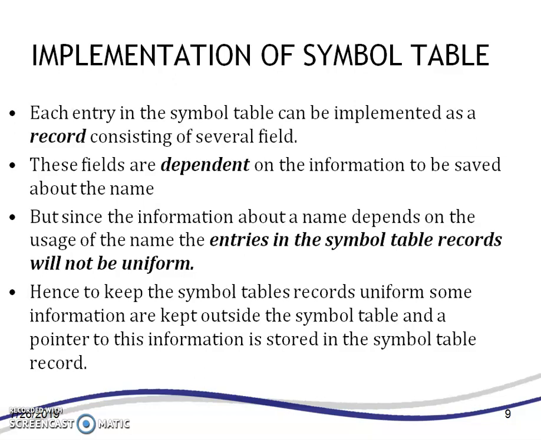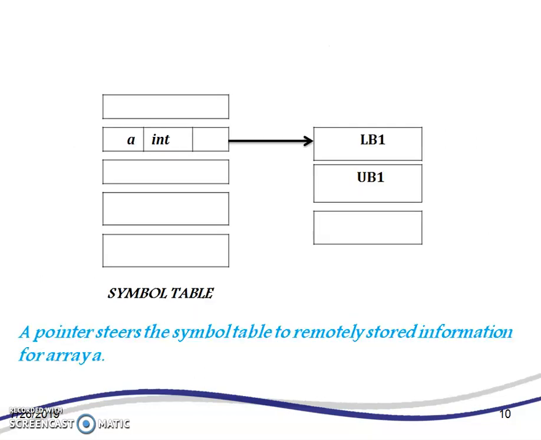Hence, to keep the symbol table record uniform, some information is kept outside the symbol table and a pointer to the information is stored in the symbol table, as shown in the diagram.